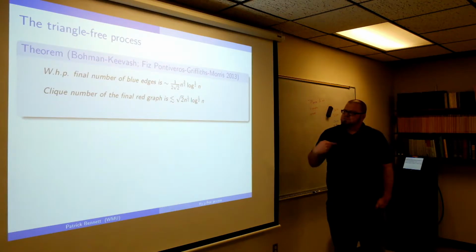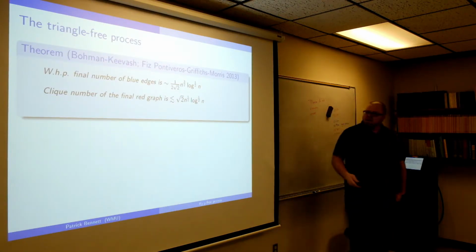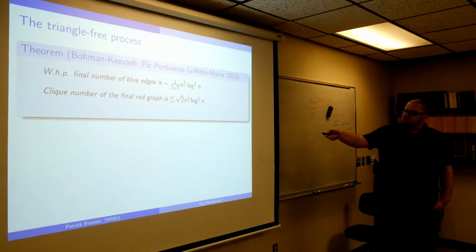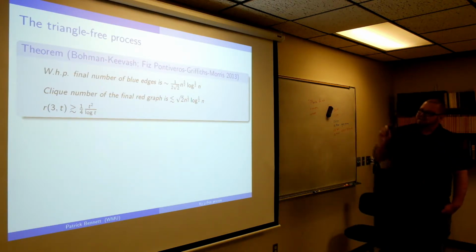Also, they analyzed the clique number of the red graph, and they found that it's at most asymptotically this, and that gives a Ramsey bound, right? Because what did this process do? We get one thing for free, which is that the blue graph doesn't have any triangles. We did a good job of that.